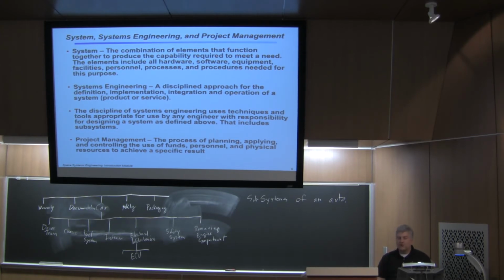The project manager will worry about planning, applying, using funds, in other words, worrying about resources associated with the design of a project. That's why very often when you work in a project, you will have a systems engineer who worries about the technical aspects and the design, and a project manager to make sure that everybody has the resources they need to develop the system, to deploy the system.